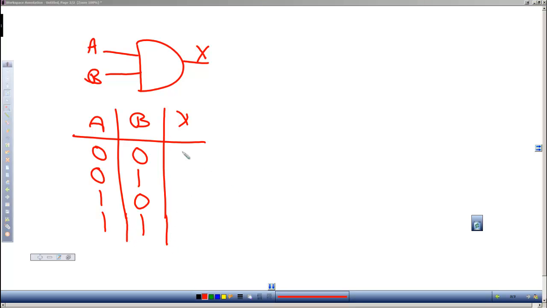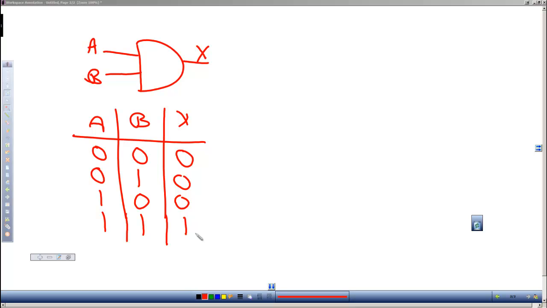With an AND, anytime there was a 0 in either of the inputs, whether both 0, or 0, 1, or 1, 0, our output was a 0. Only when both inputs were 1 did we get an output of 1.